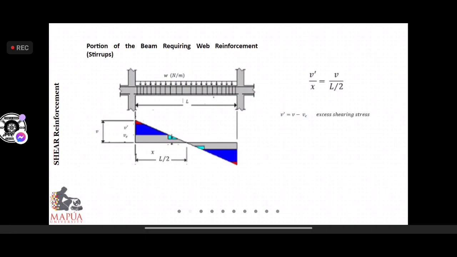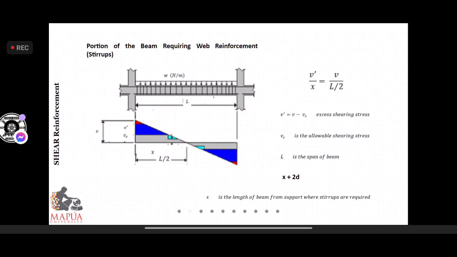The exact shearing stress is the difference of the actual and the allowable shearing stress. That's the V prime. L is the span of the beam. X is the length of beam from support where stirrups are required. And according to code, we need to extend it the distance from both extremities.